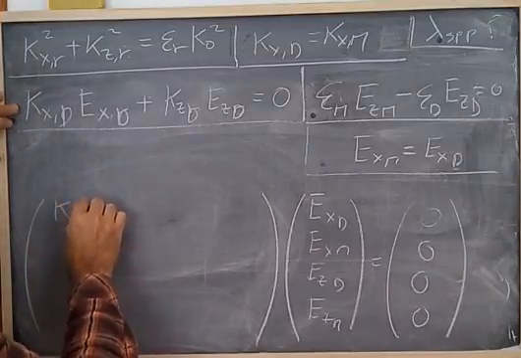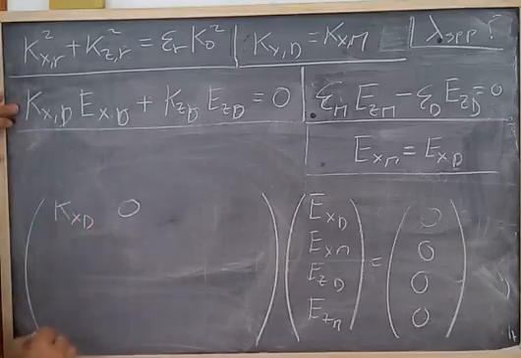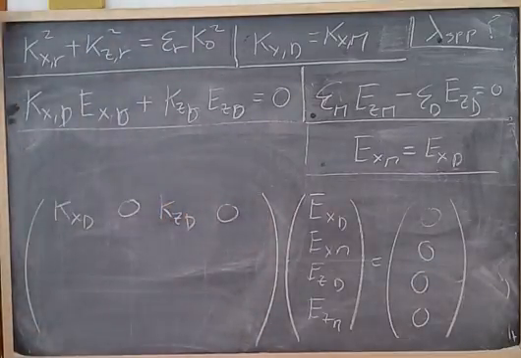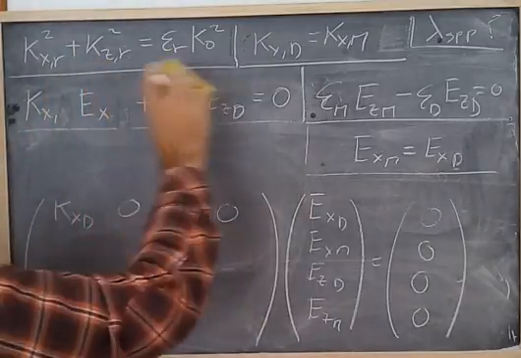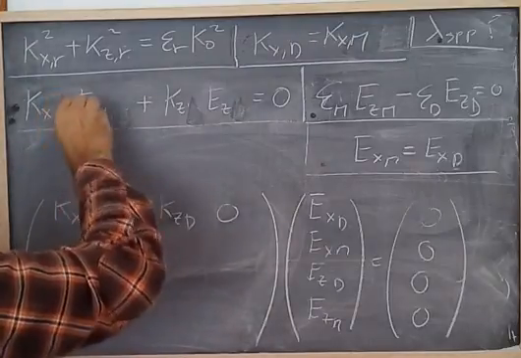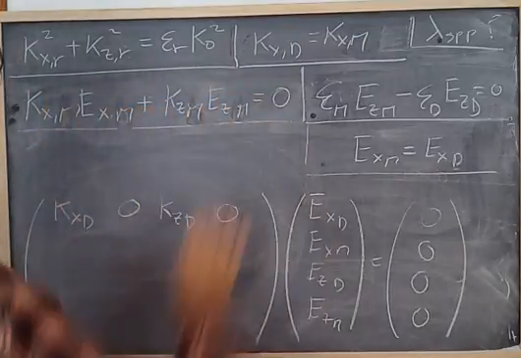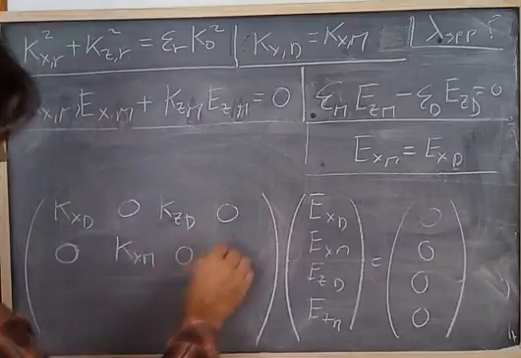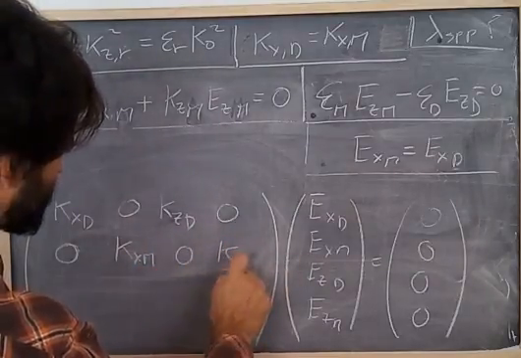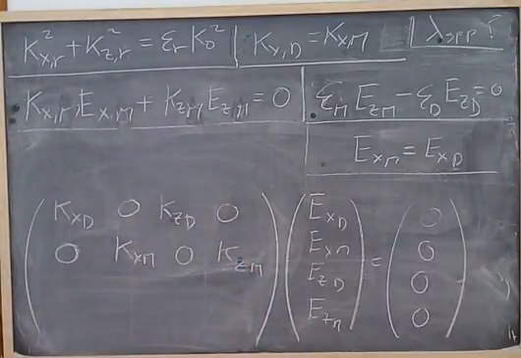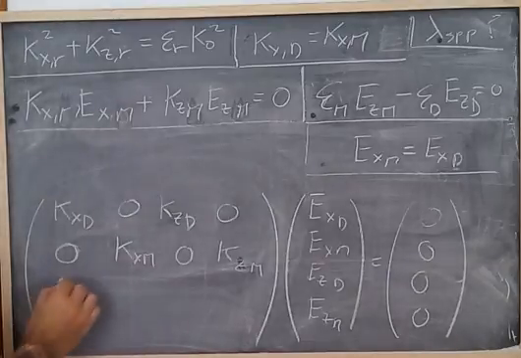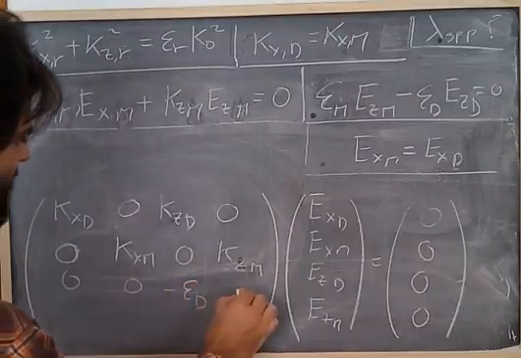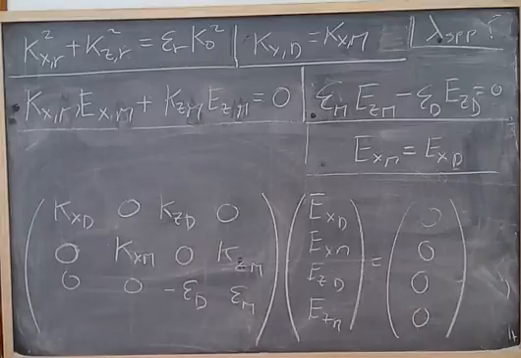I have Kx d, 0, Kz d, 0. Now I'm going to change this to metal: 0, Kx metal, 0, Kz metal. The next equation will be written like 0, 0, minus epsilon dielectric, epsilon metal.